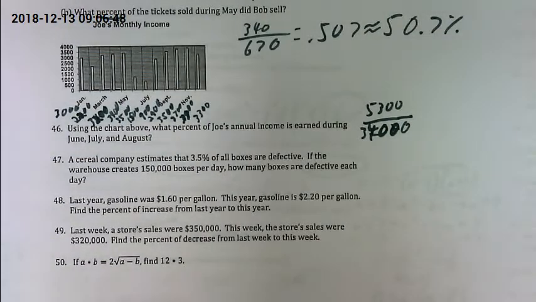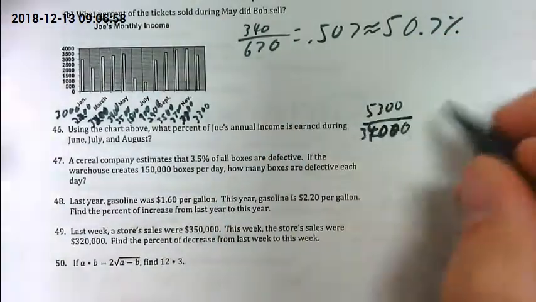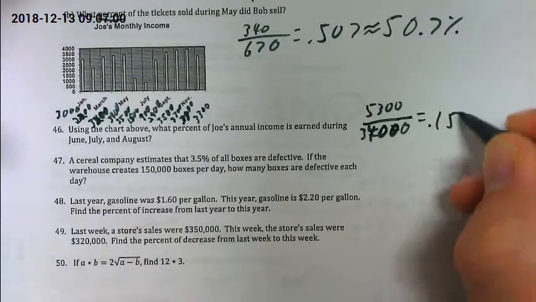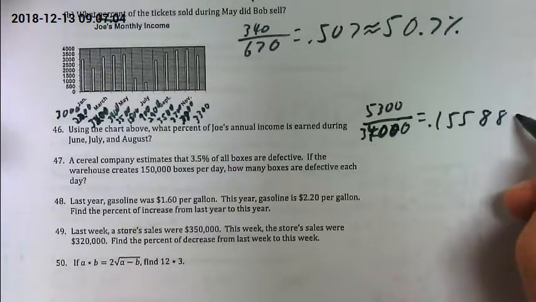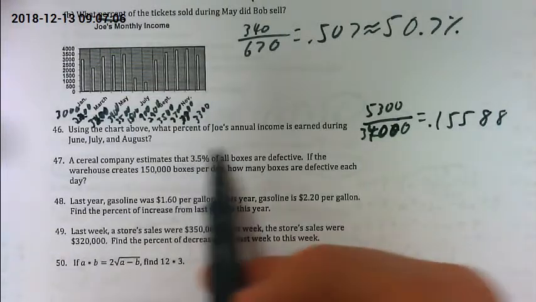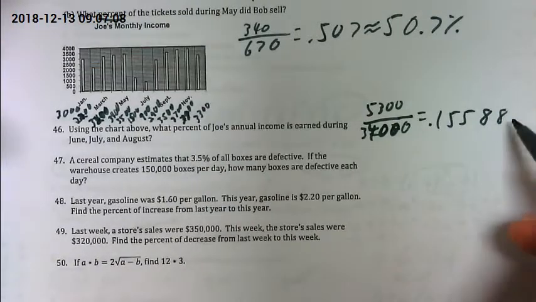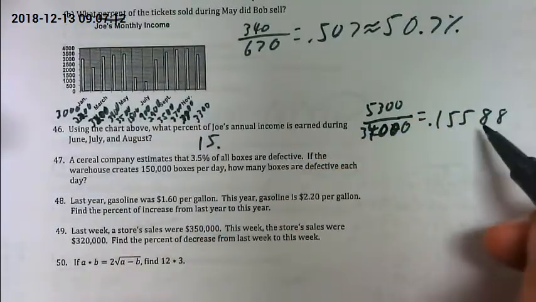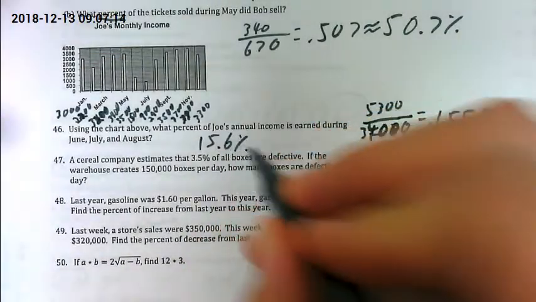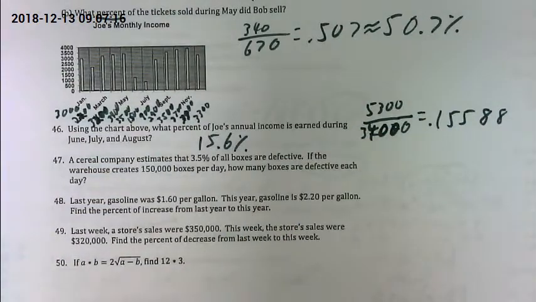So divide these, 5,300 divided by 34,000. 0.15588. It keeps going. It wants a percent, so move the decimal over 2 places. So it'd be 15 point, let's just round to 1 decimal place there, 15.6%.